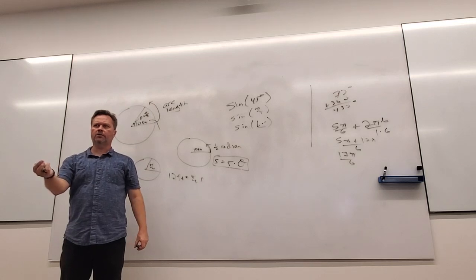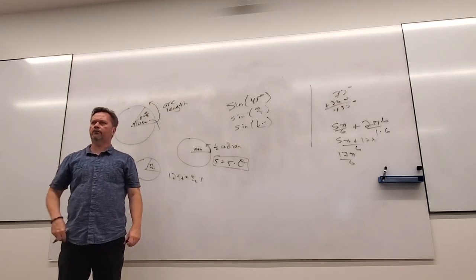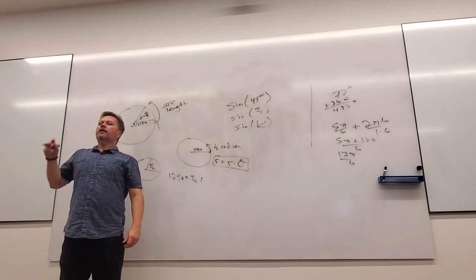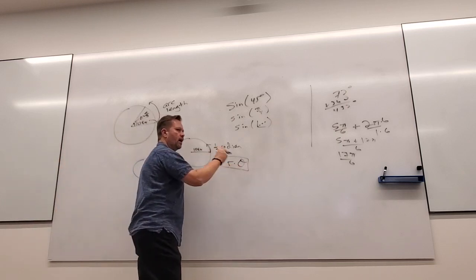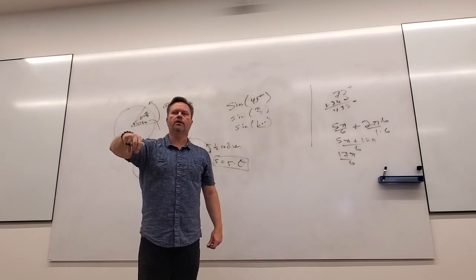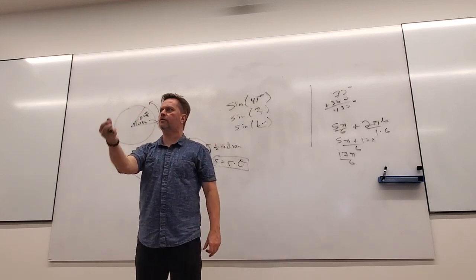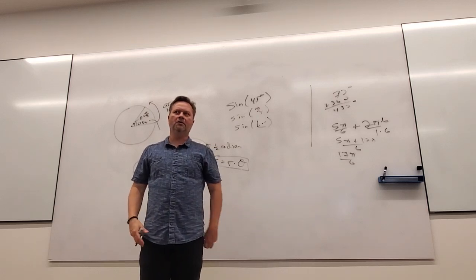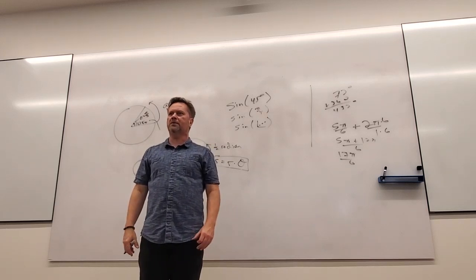Does 45 degrees reference a different angle than pi over 4 radians? No. They reference the same angle, correct? If the angle is not inside of a trig function, it has to be a real physical measurement. And what's the only angle measurement we have that's a physical measurement?